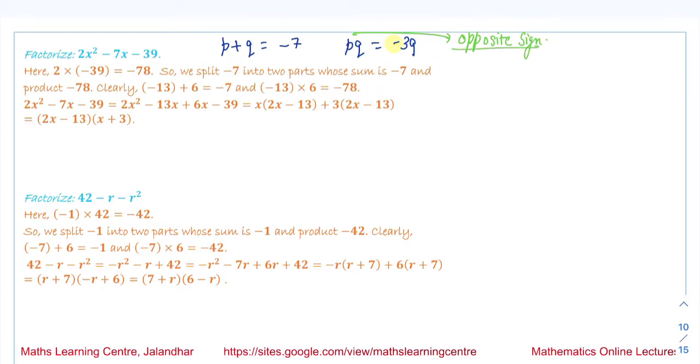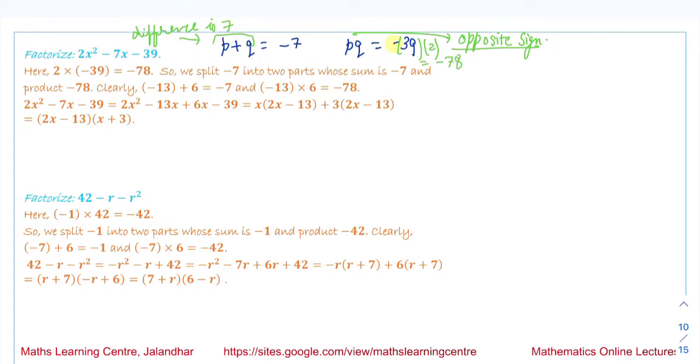So when they are of opposite sign, it means their difference should be 7. So basically 39 into 2 is 78.